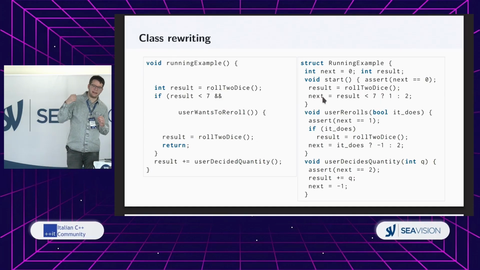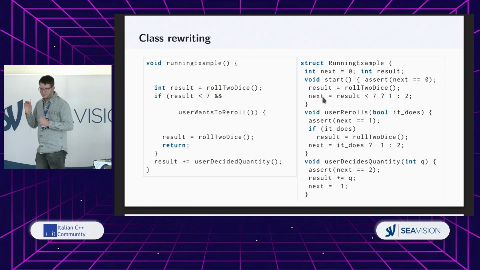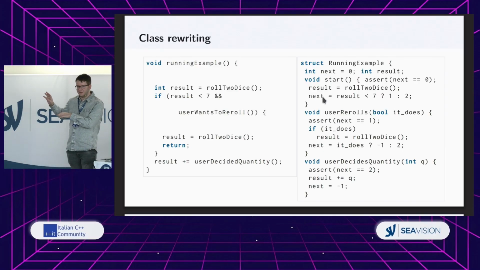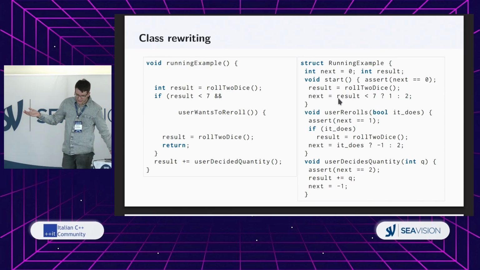But managing the variable next to say where we want to go, I want you to think about this: how is it conceptually different than using a goto? It's different because they are different things, of course, right? But you are still managing where you want to go explicitly. You have to place the assignment of next, and you have to place the assert that you are in the right spot.